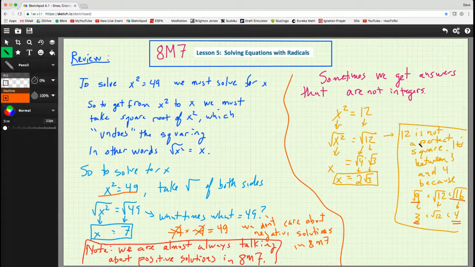That's the first key piece of information. The second thing that we learned in lesson 4 is that you can simplify it, because there is a perfect square factor hidden inside 12. So you can break down the square root of 12 into the square root of 4 times the square root of 3.